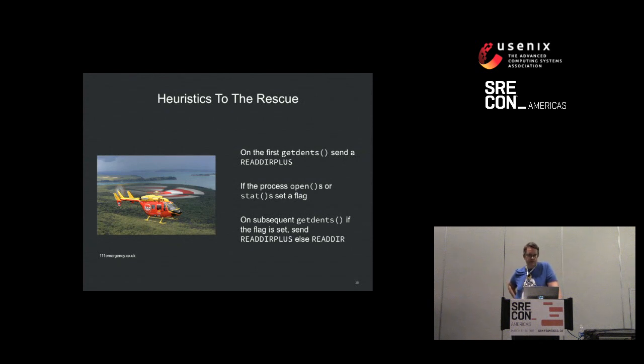Basically, when you do a getdents call, the first RPC sent to the server is always a readdirplus. After that, if your process does an open or a stat, it sets a magic flag on the directory, and if you do a subsequent getdents call and the flag is set, you keep using readdirplus, otherwise you fall back to readdir.